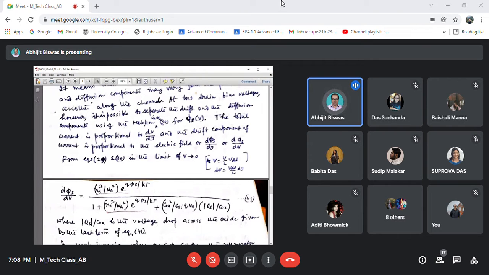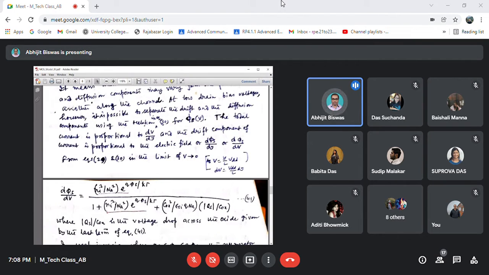So two important things you must remember: the total drain current is proportional to dV/dy, and the drift component of current is proportional to the electric field along the channel, that is d phi s/dy, or it can be transformed to d phi s/dV.